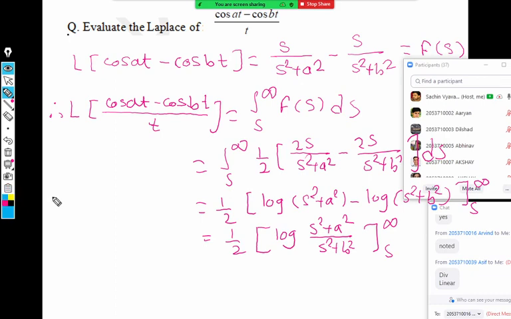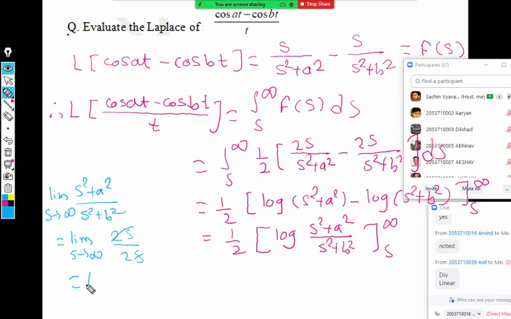We want this limit of s square plus a square upon s square plus b square as s tends to infinity. You can just divide by s square in numerator and denominator, or apply L'Hospital rule. It is infinity by infinity form. By L'Hospital rule, the limit is 2s upon 2s, and you get 1.